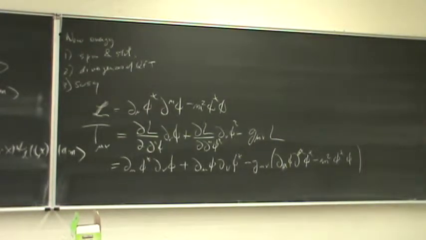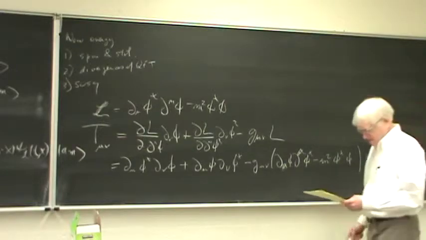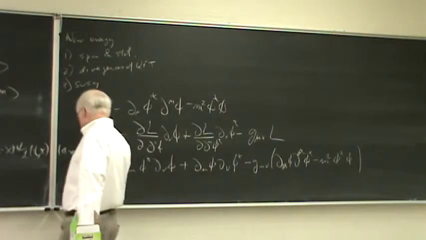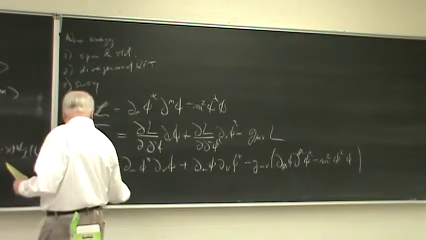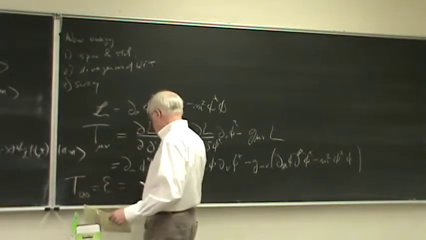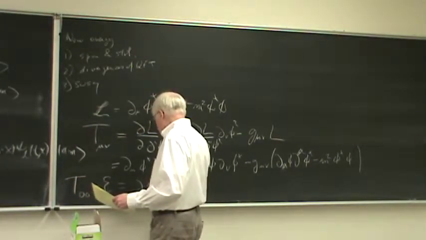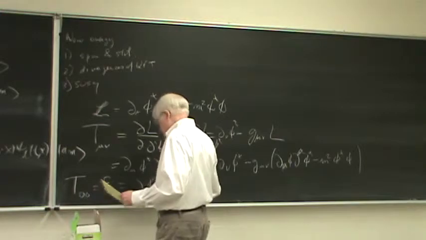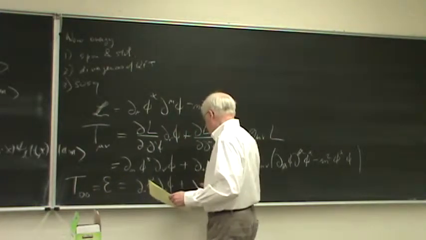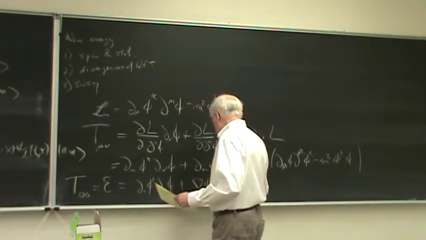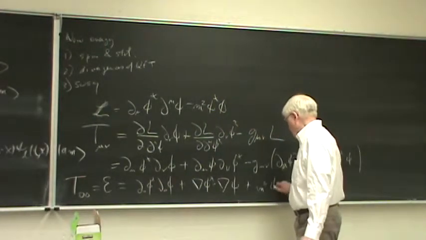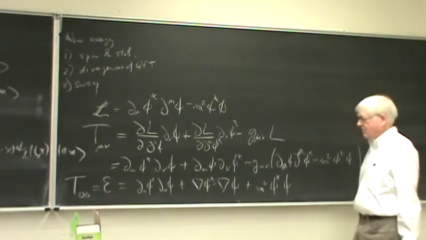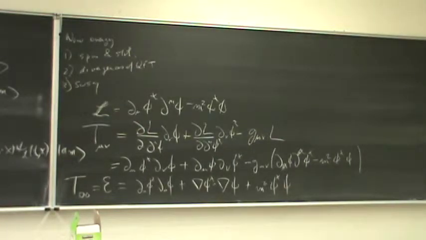Okay, so that's the energy momentum tensor, and the component that's the energy density is T00. We can write this as script H for energy density, and it's ∂0φ* ∂0φ plus grad φ* dot grad φ plus m² φ*φ. So that's an eminently reasonable positive definite expression, at least positive.